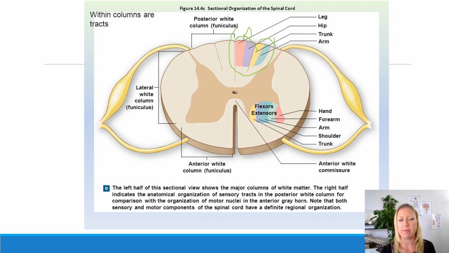Just like standing here with my arms at my side, my legs are medial, my arms are lateral. And then we have the same somatotopy concept here in the gray matter, and we could see the hand, and then we could see forearm, shoulder, trunk. So again, lateral to medial anatomically here as well. Just kind of a neat picture here.